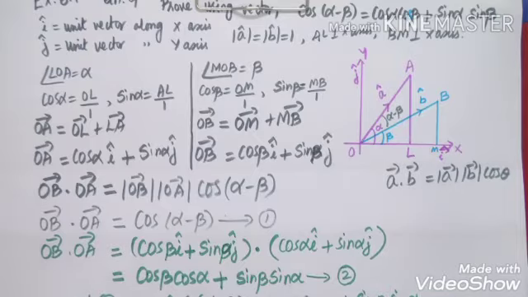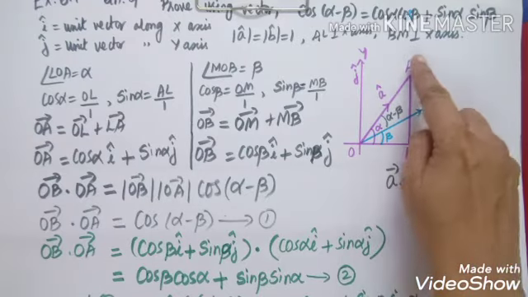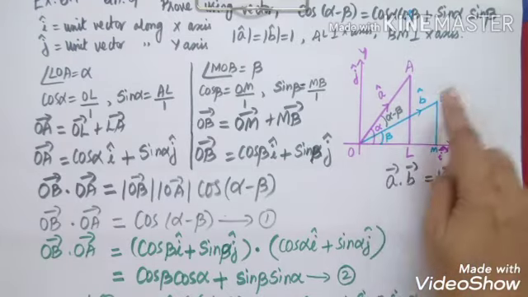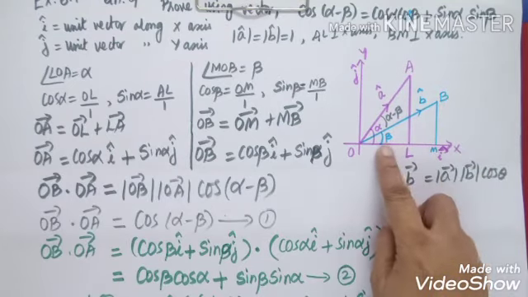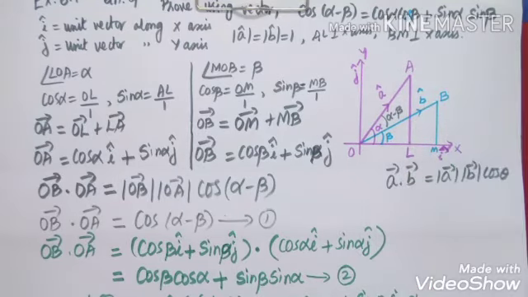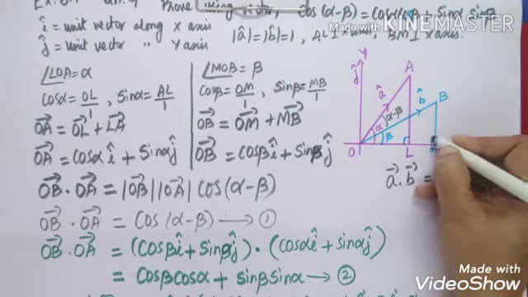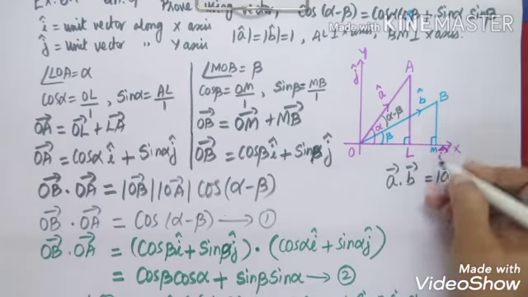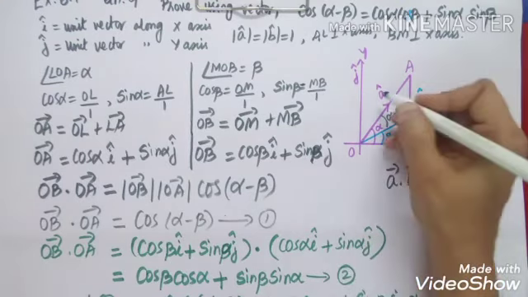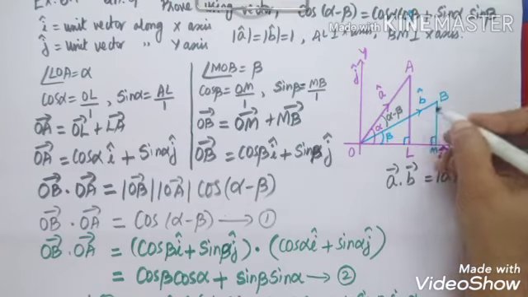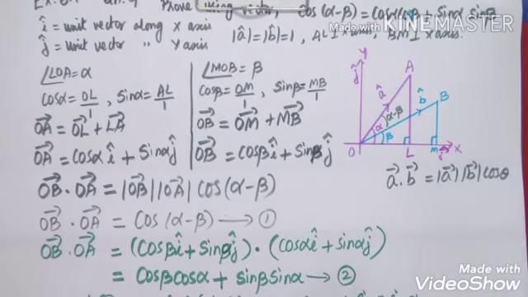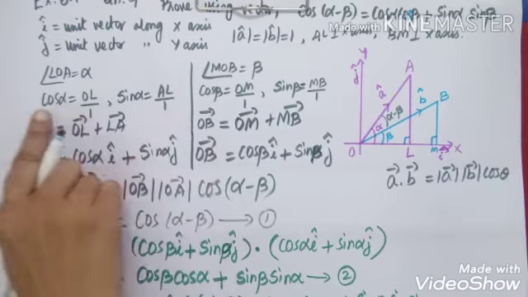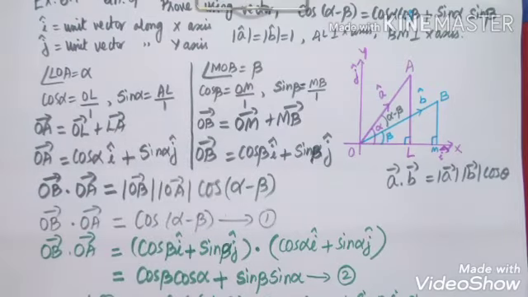So in these types of questions, what is important is the diagram. A makes an angle alpha, B makes an angle beta, draw perpendiculars, so it becomes a right angle triangle. For convenience, we take the modulus of A and B as 1, so the hypotenuse is 1, easy to write the cos and sin.